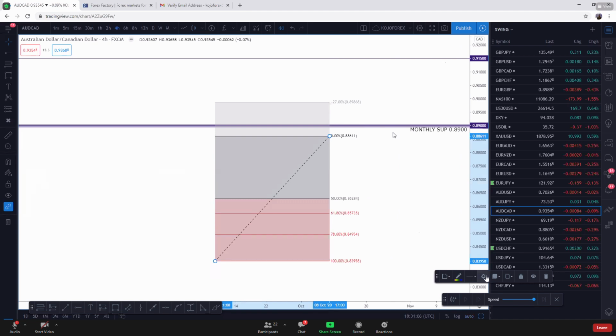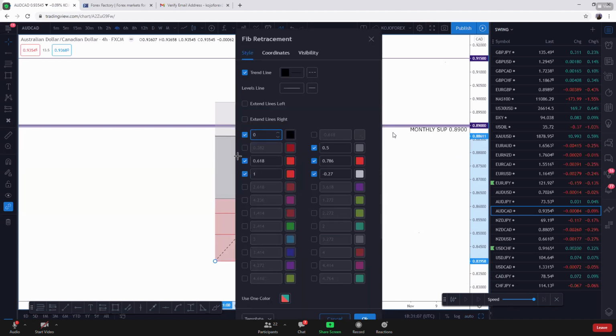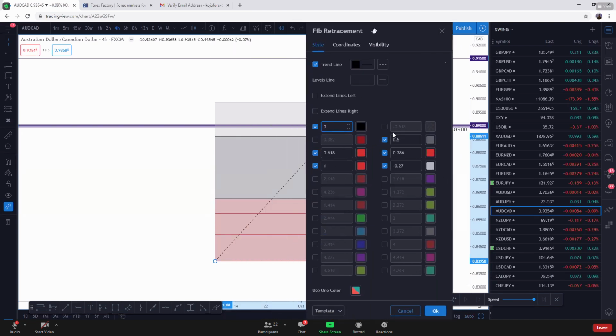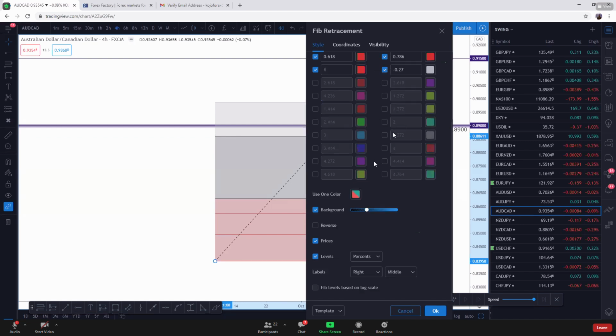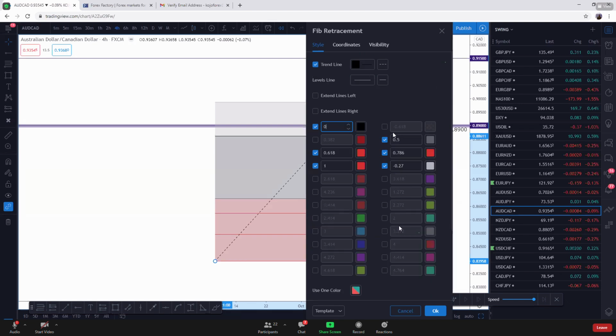You can take a screenshot of the settings, you can take a picture of it, whatever you want to do. This is the top part, and this is the bottom. I use a percentage, the label is at the right and in the middle. And these are my Fibonacci levels, and the colors I use.